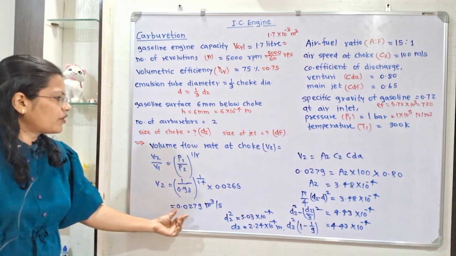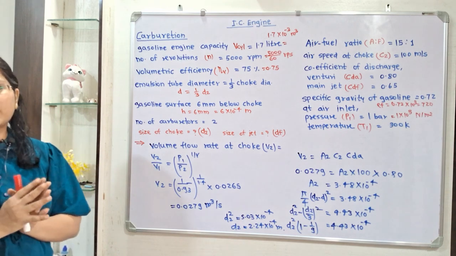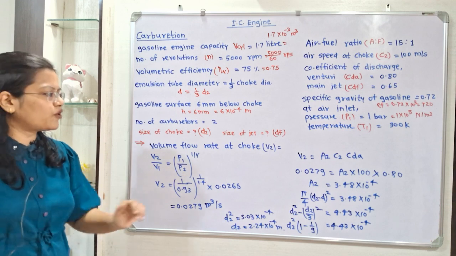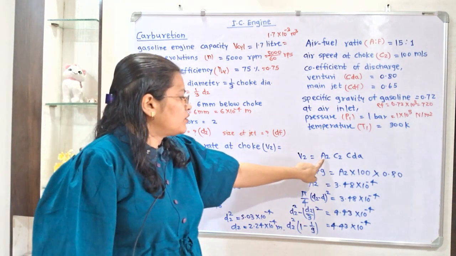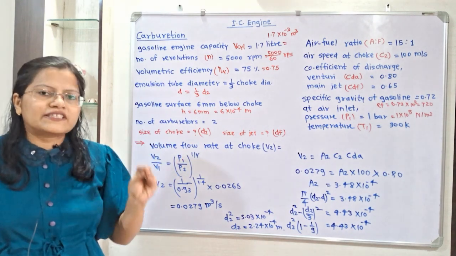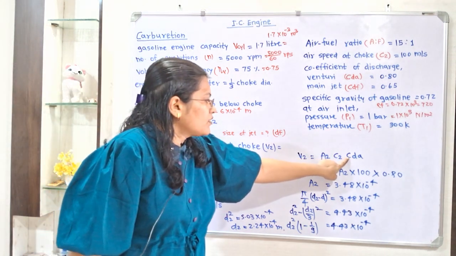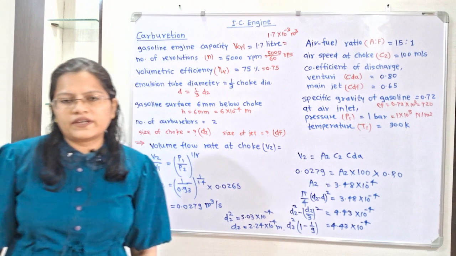Now for this V2 we have a formula in terms of the cross sectional area A2. This formula is V2 is equal to A2, that is the cross sectional area at point 2, times C2, that is the velocity at point 2, and the coefficient of discharge of air.